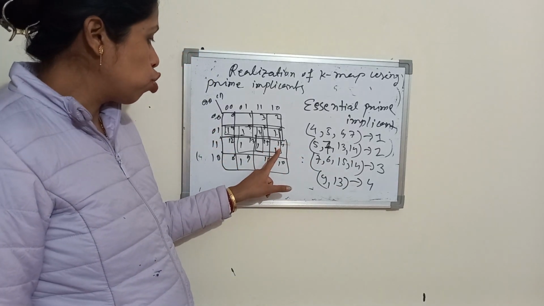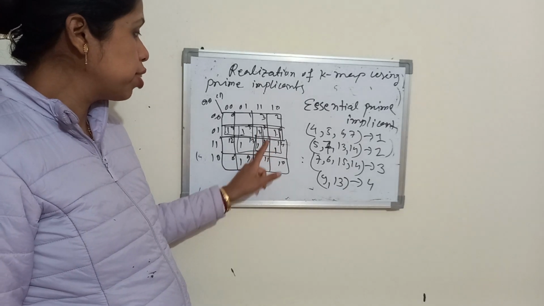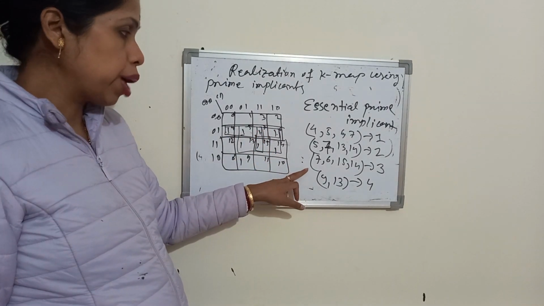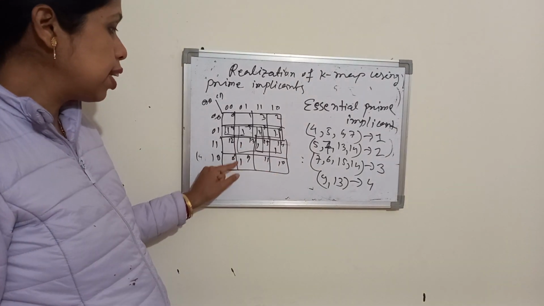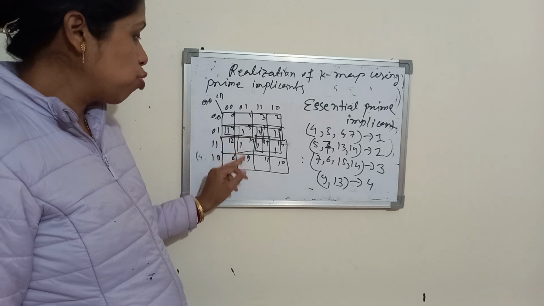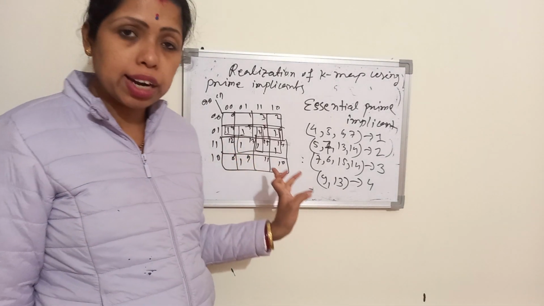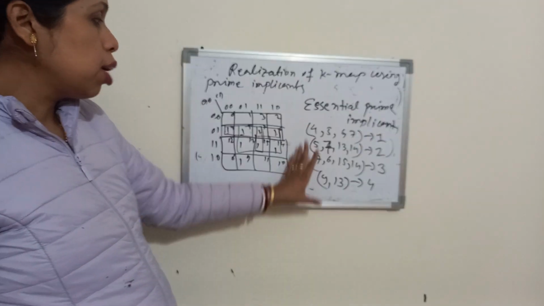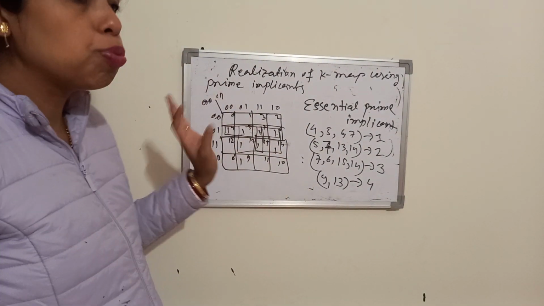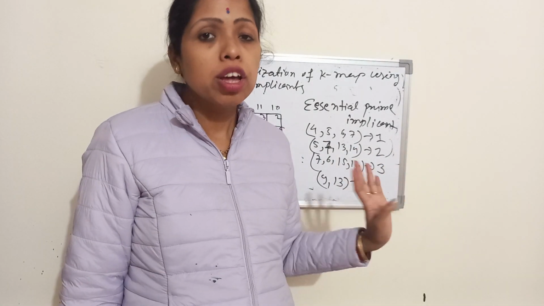Then for the grouping of 14 15, you can create one quad, 14 15 7 6. This is also one prime implicant. Next is 13 and 9, that is also prime. This is a pair, but apart from this pair, no quad is possible which includes the 9, right? So these are the prime implicants. Whatever maximum grouping is possible, that I have written.